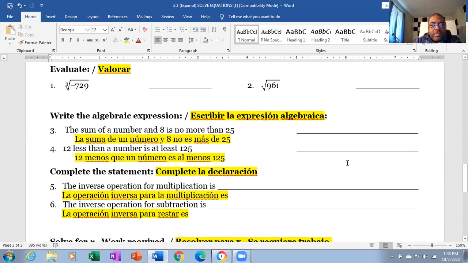Here's the assignment. All right, so this says evaluate. This is super duper easy. I told you always to rewrite it. So the index is 3. The radical sign is there. And the number is 729. Okay.